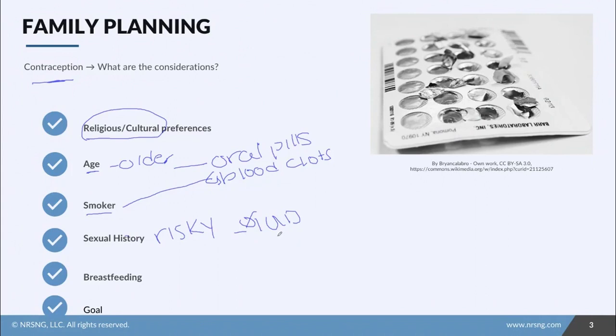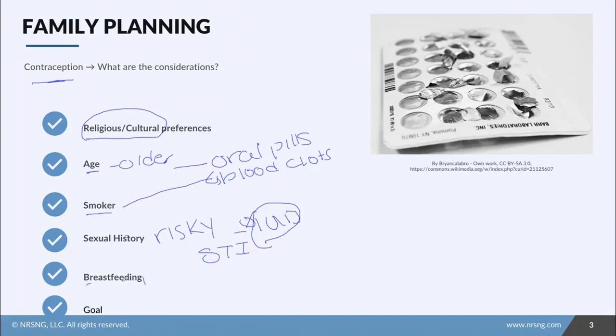People that have risky sexual behaviors are more at risk for sexually transmitted diseases or infections, STIs, and that puts them at a higher risk for infection. If you already have something foreign in your body like an IUD, it's going to put you more at risk for infection. There are other medications and devices that they can use, so that would not be recommended for them.